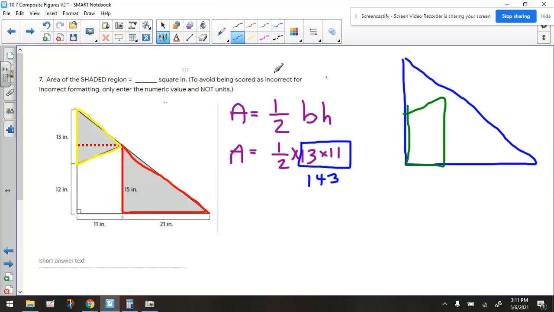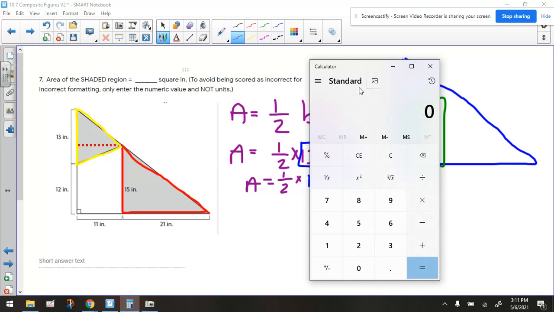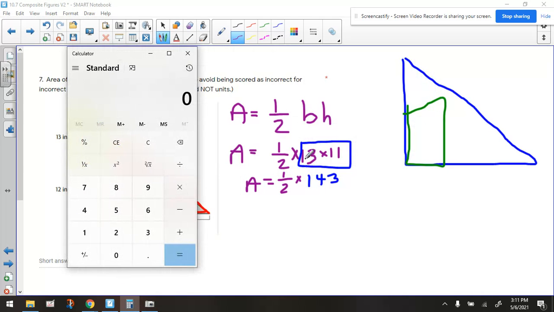All right, we still have to take half of that. So how do we do that on a calculator? You can have the 143 in the calculator and then hit divided by 2. Or you have the option of just doing 0.5 times this number. But since I'm a fan of hitting fewer buttons on the calculator, I prefer putting in this blue number first, hitting divide, and then 2.